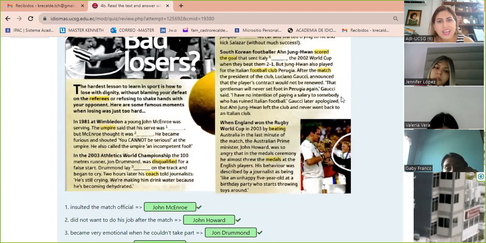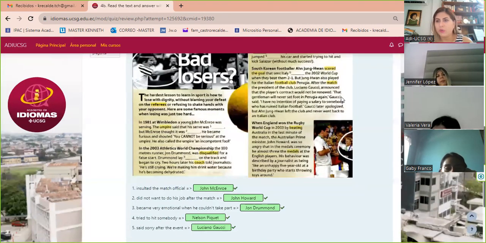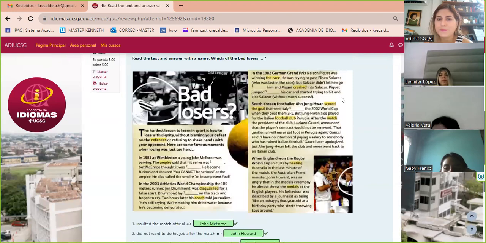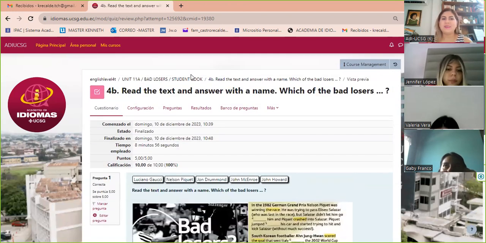And they told him that the contract will not be renewed. Wow. Poor guy. And then we have John Howard, who was so angry that he threw all the medals at the English players. Wow. They were really bad losers. Yeah. Okay, let's see.